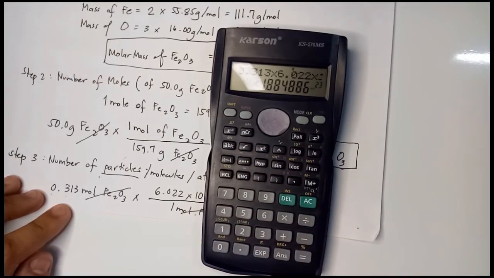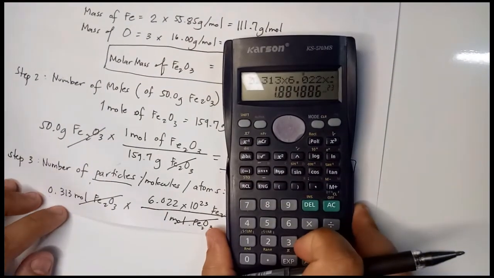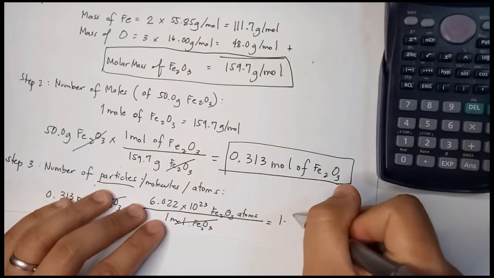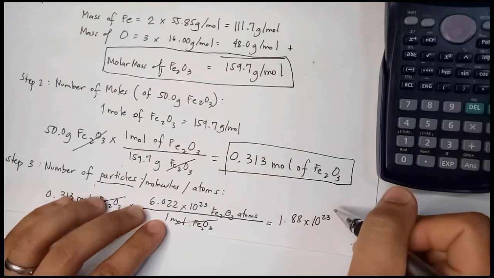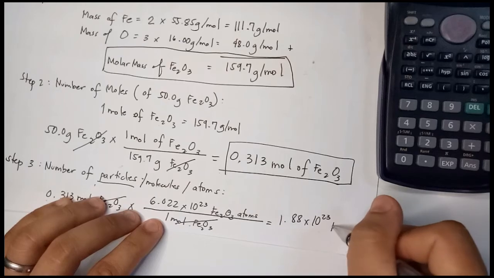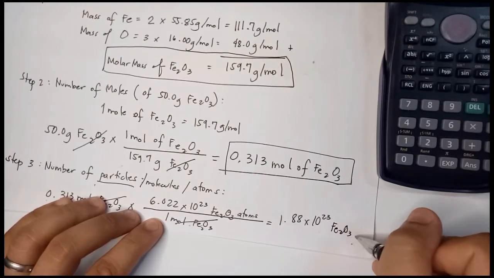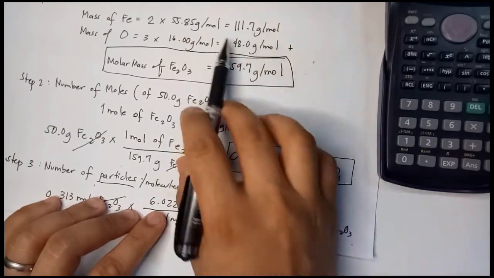We have 1.88 times 10 to the 23rd of iron oxide. Since particles ang hinahanap natin.